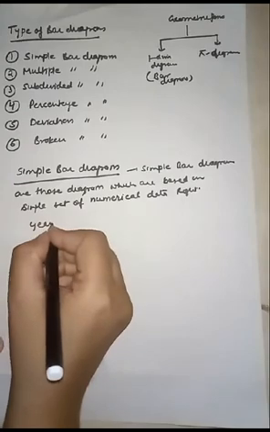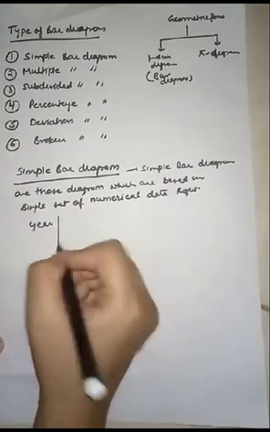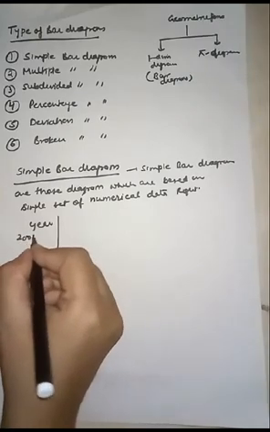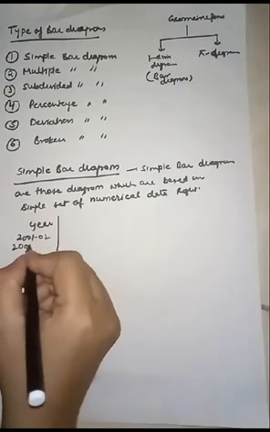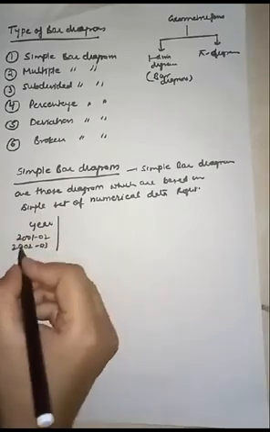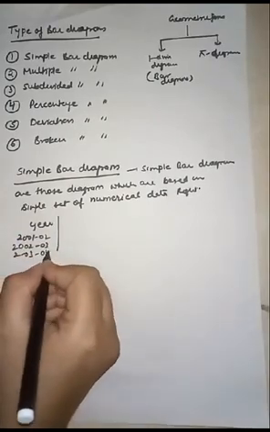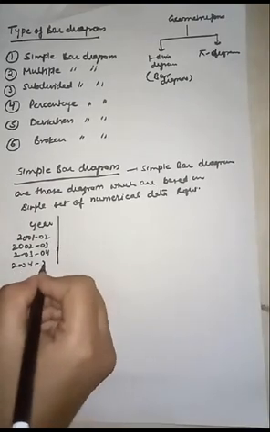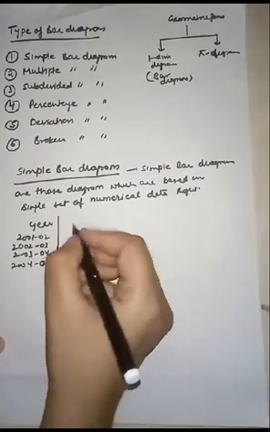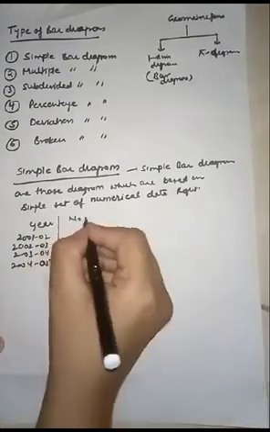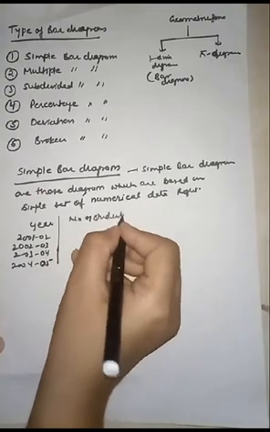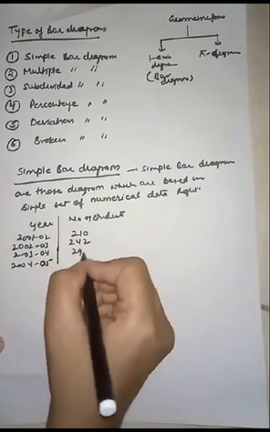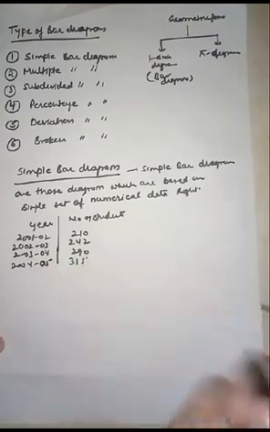Given years: 2001-02, 2002-03, 2003-04, and 2004-05. Now taking the number of students: 210, 242, 290, 315, suppose that.